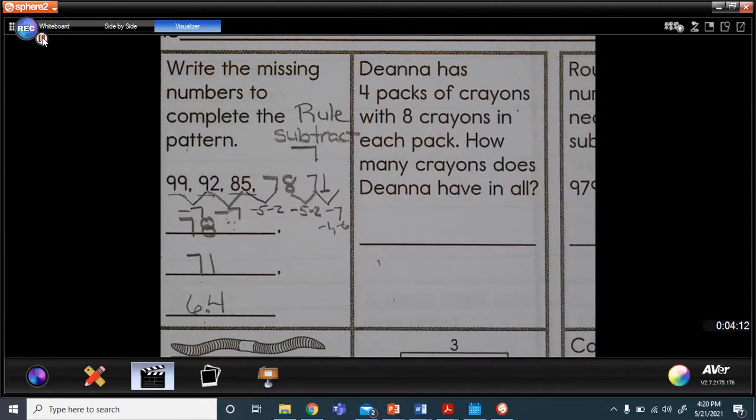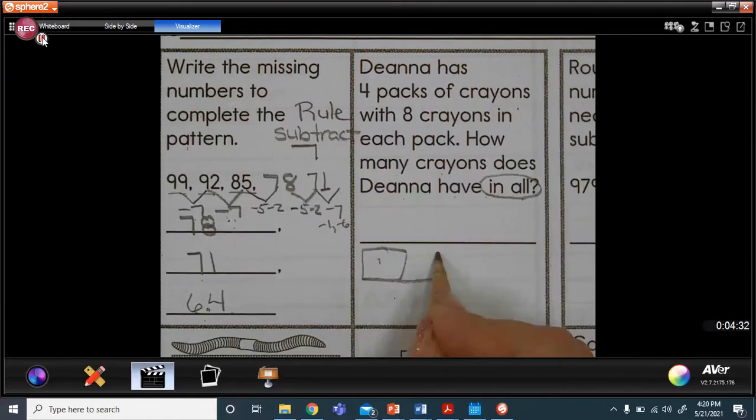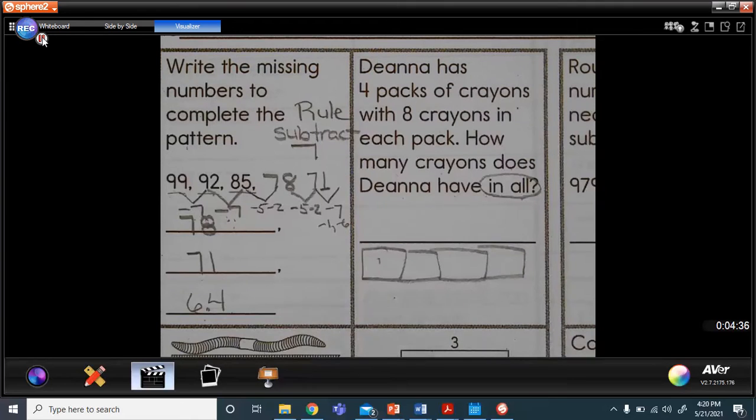Deanna has 4 packs of crayons with 8 crayons in each pack. How many crayons does Deanna have in all? We want a total number of crayons. I have 4 packs, and those are my groups.